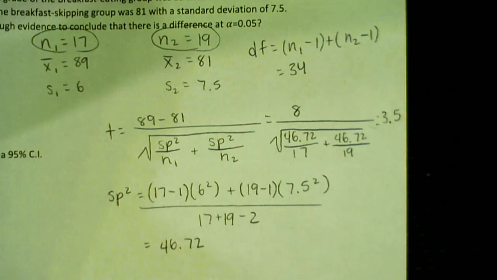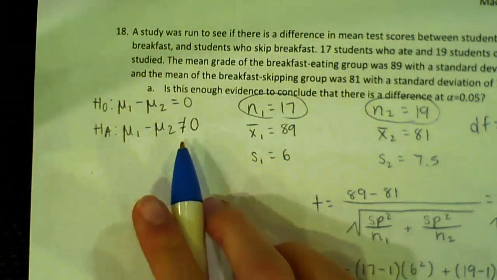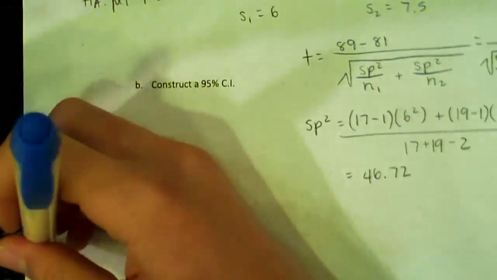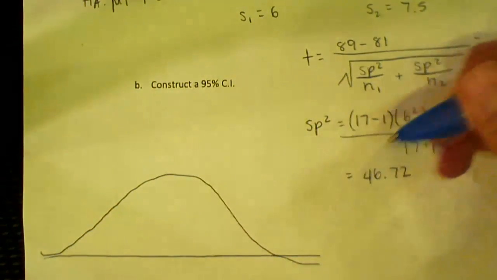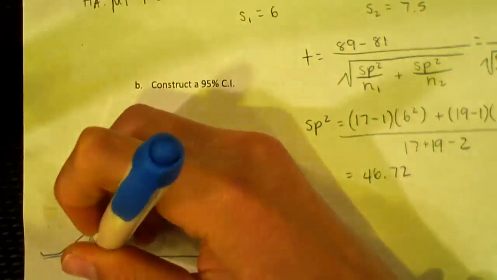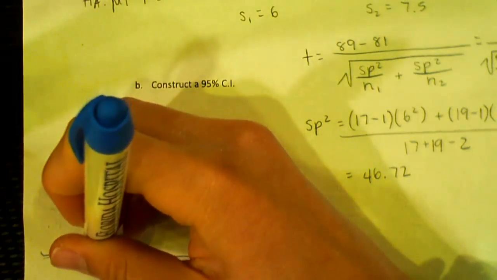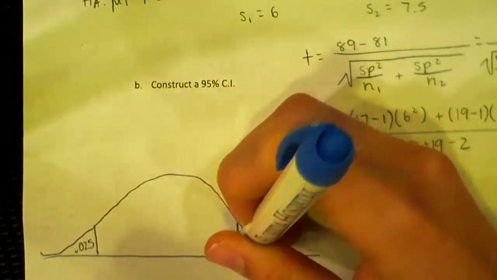All right, and since we're doing not equal to, the test is going to be two-tail, right? And our alpha is 0.05, so we're going to have 0.025 on each side.